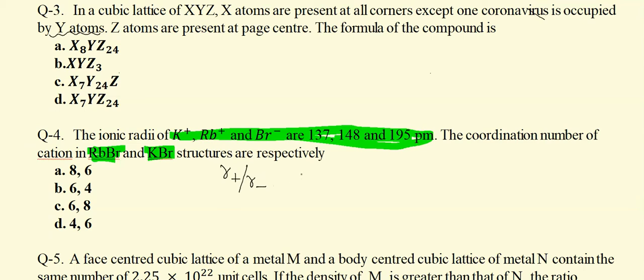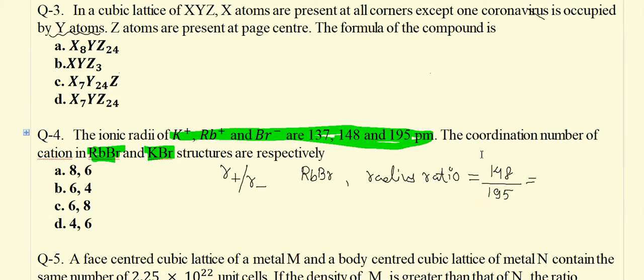For RbBr, Rb is 148 for cation and for anion it is 195. So the radius ratio becomes 0.758, or you can take it as 0.76.